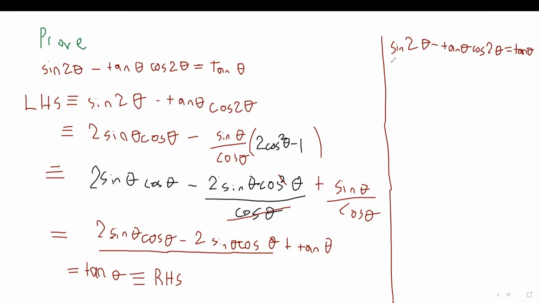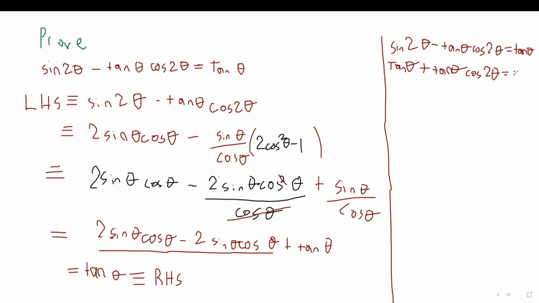Bring it over here. So we have tan theta plus tan theta cos 2 theta is equal to sine 2 theta.